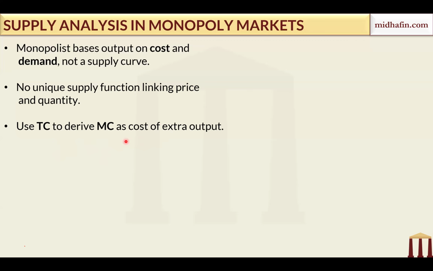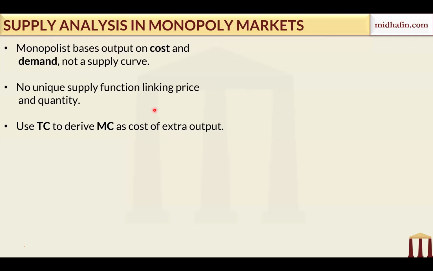From the total cost, you will calculate the marginal cost. The definition is the same. Marginal cost is just the cost of producing an extra output. And then you have the same AC curves and MC curves.